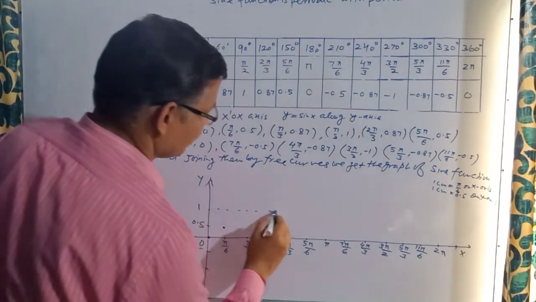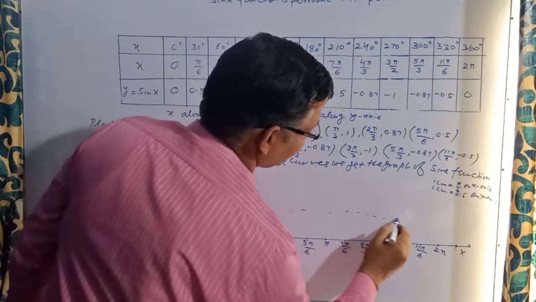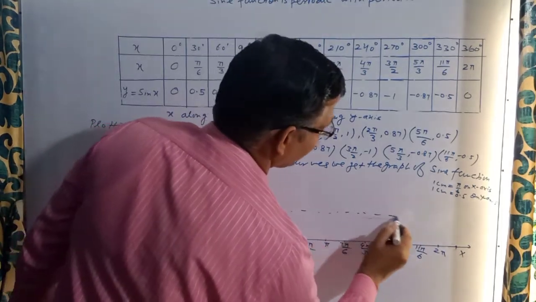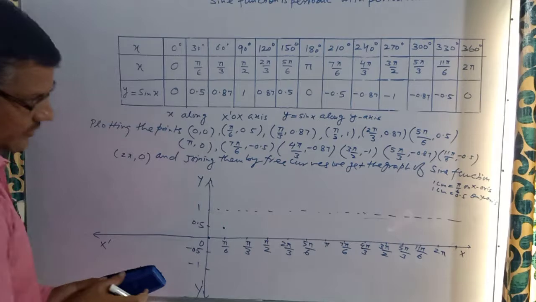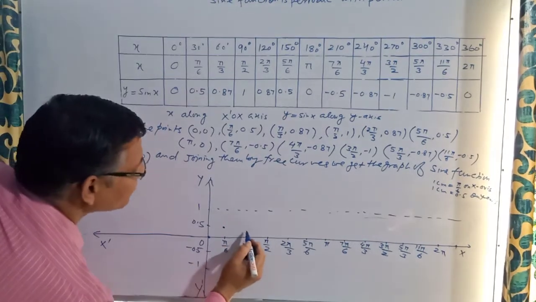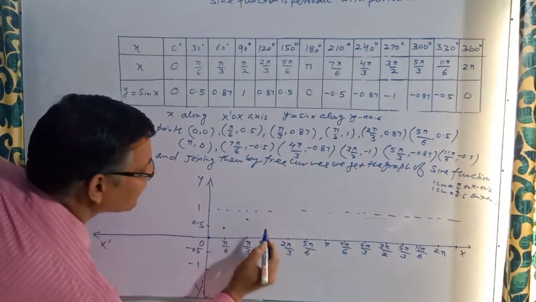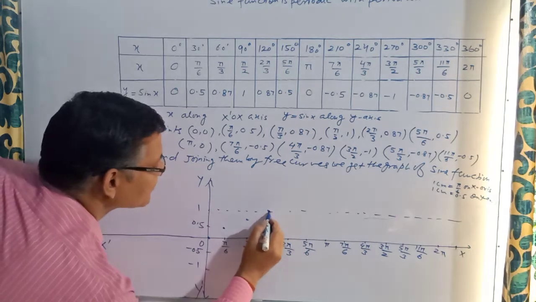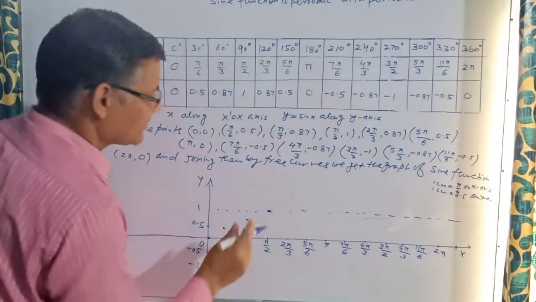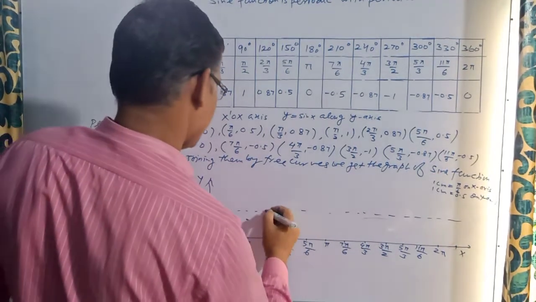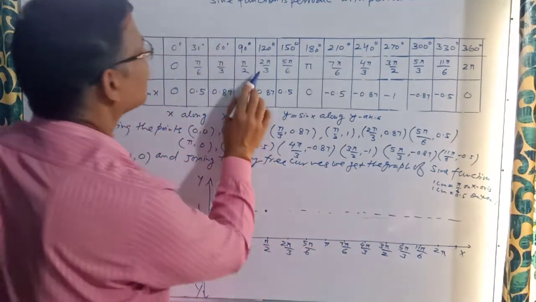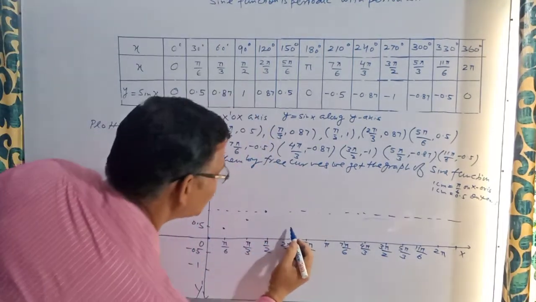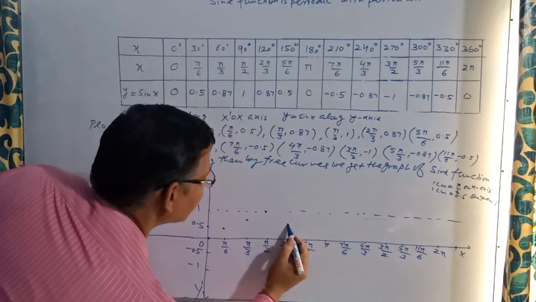That is roughly how we draw this line. So in that graph it is pi by 3, 0.87. What is pi by 2? This is 1. What is 2 pi by 3? 2 pi by 3 again 0.87.